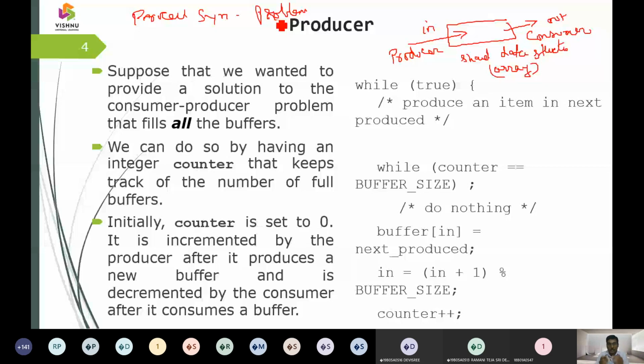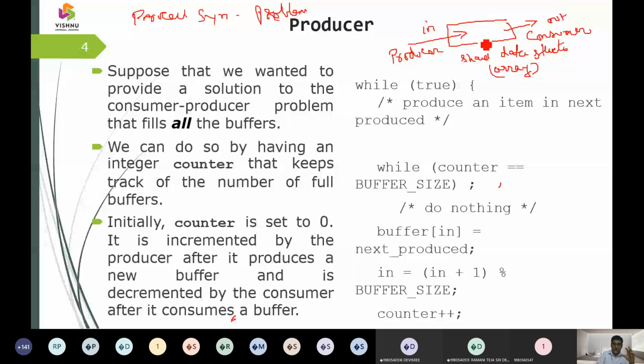Now we are building this producer consumer problem. We have a buffer, and we are going to mention this array as the buffer here, with in and out.